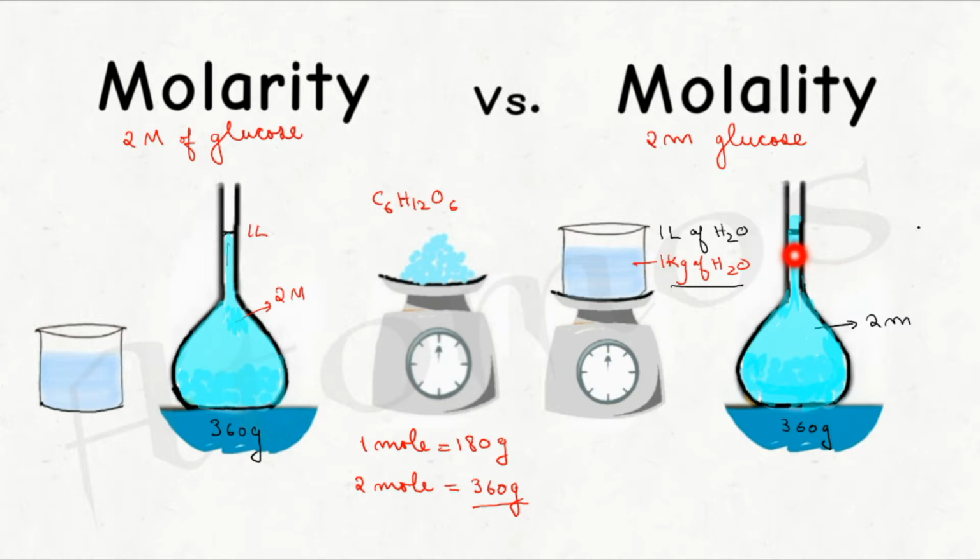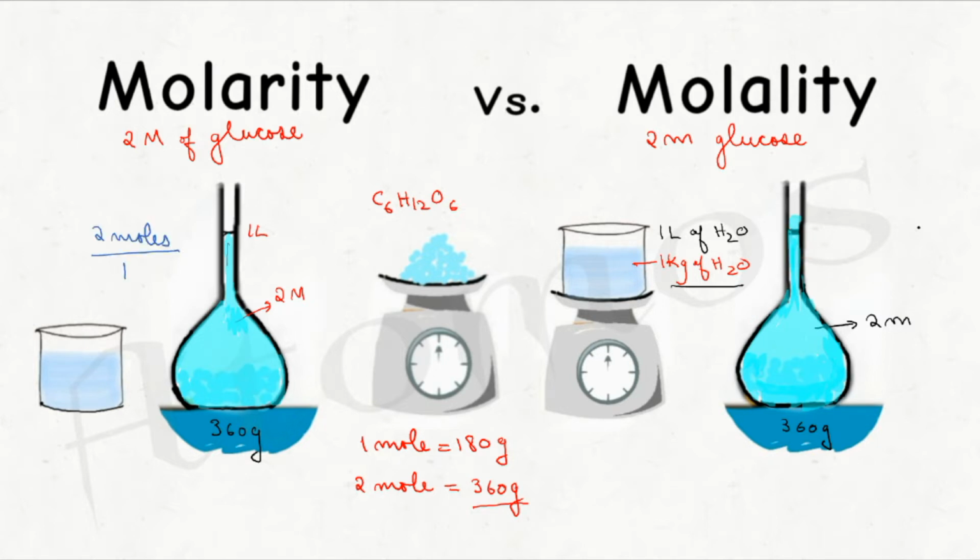It will be slightly greater than 1 liter. Why? Because we have completely transferred 1 kg of water into that. Then, in addition to that, some amount of the solute is also present in this. So, together, the volume of the solution will be slightly greater than 1 liter.